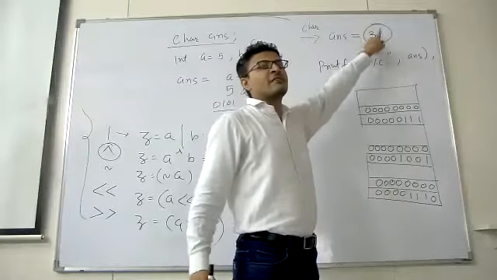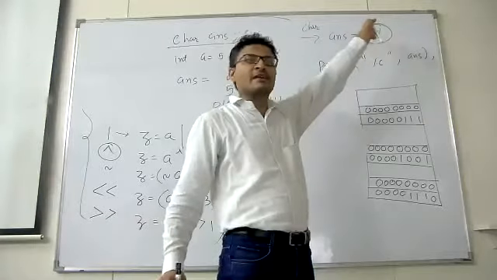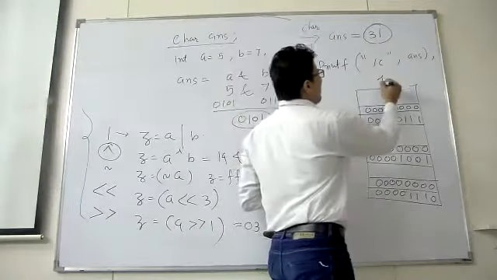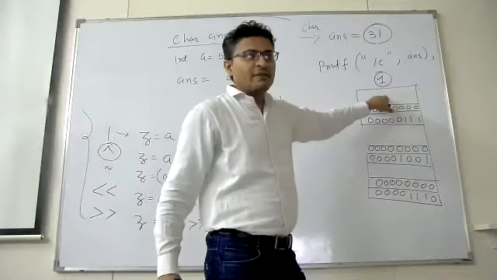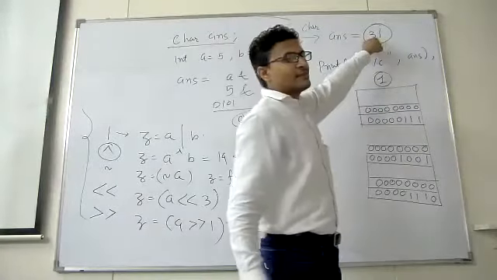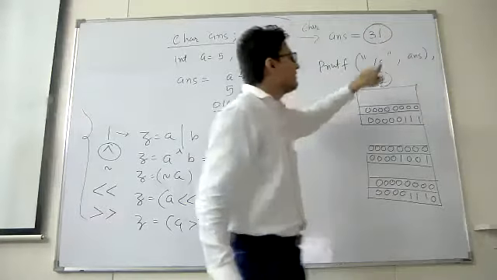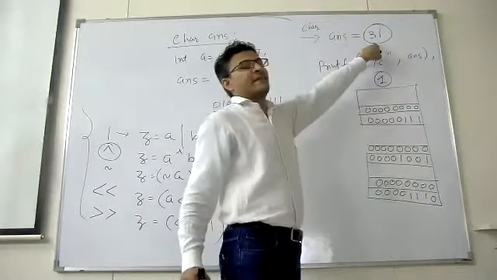It will consider 31 as an ASCII value, but it is an integer numerical number. So the output would be 1, because 31 is the ASCII value of character 1, but the actual value in answer is 31. It will print the particular character for that ASCII value.